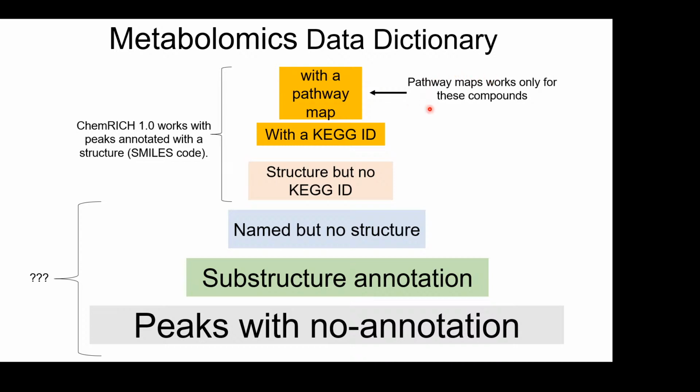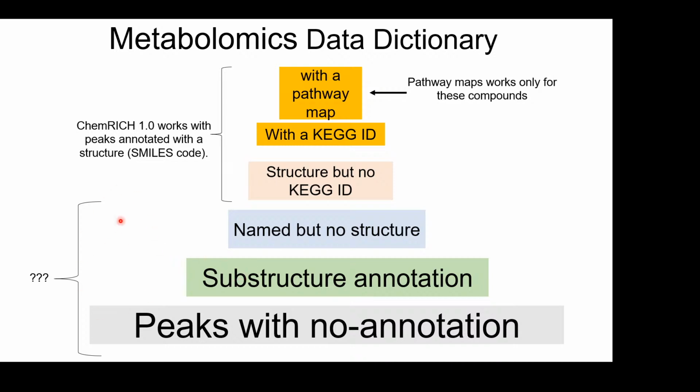Pathway maps work only for the top blocks. ChemRICH 1.0, the previous version, works with compounds having SMILES codes, so the top three blocks. It will not work with named but no structure, substructure, or peaks with no annotations.